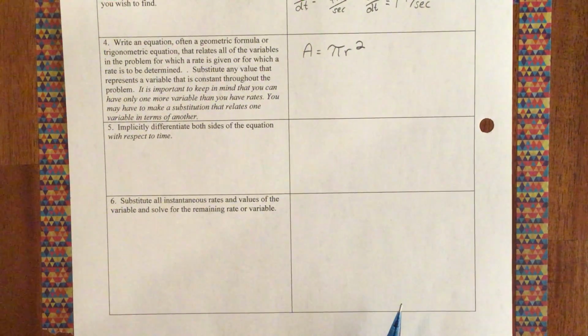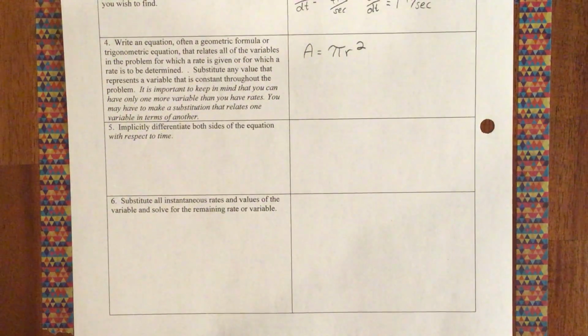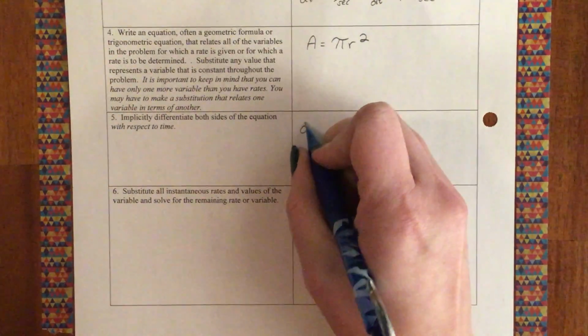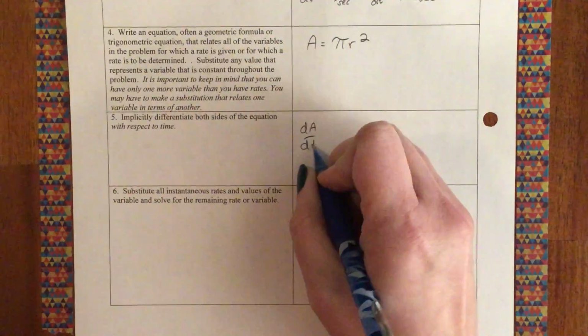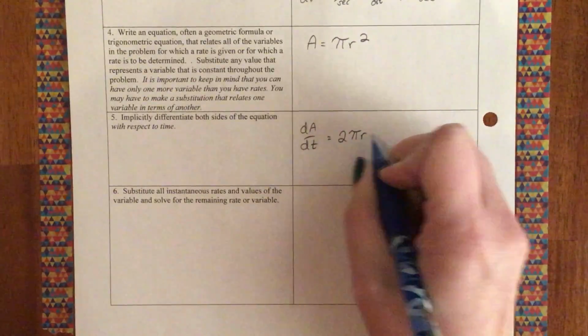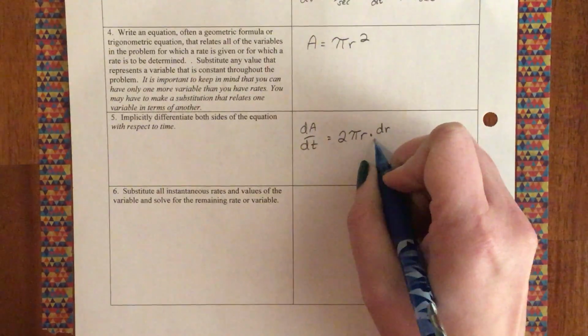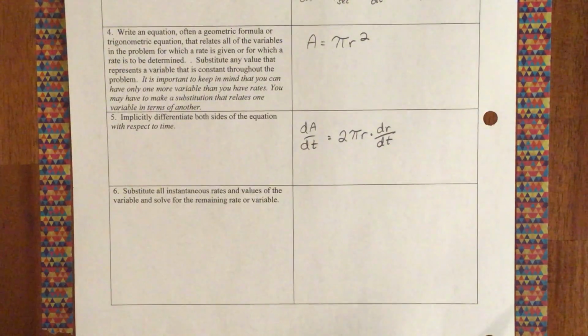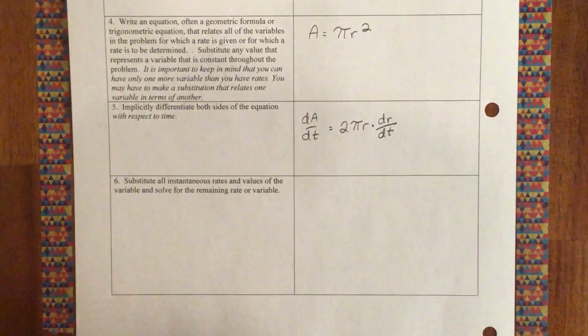Okay, number 5. Implicitly differentiate both sides with respect to time. So that's going to be dA/dt equals, bring the 2 down, so 2 pi r times chain rule dr/dt. We need an instantaneous rate or value.